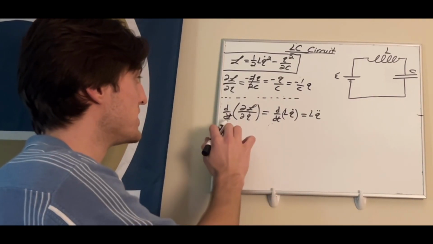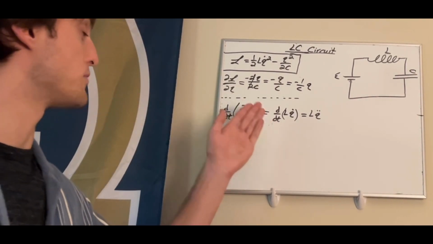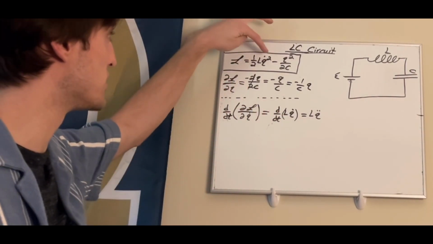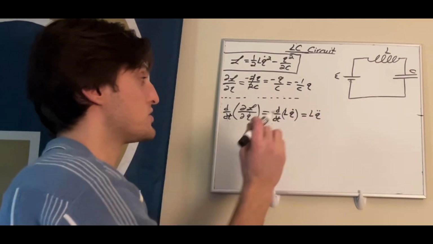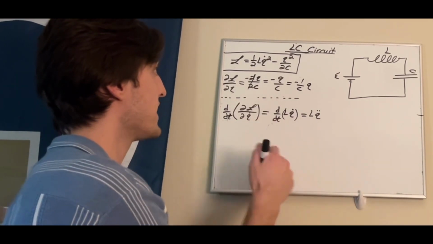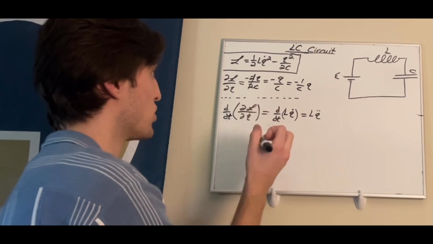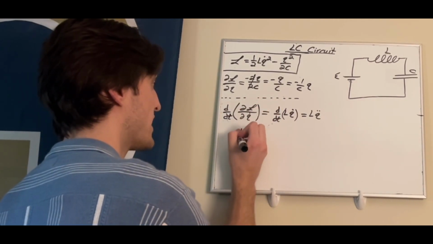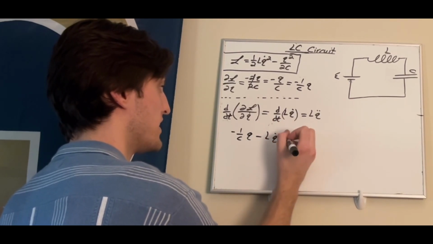And here we have the time derivative of the Lagrangian with respect to q dot, which is the time derivative of L q dot, since the 2 comes down and L q dot stays. And then we just bump up the order of q one time when we take its derivative. So writing the differential equation in terms of the actual Euler-Lagrange equation, it's going to be negative 1 over C q minus L q double dot equals 0.